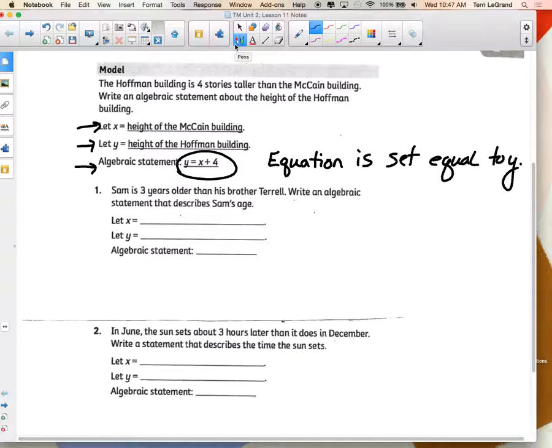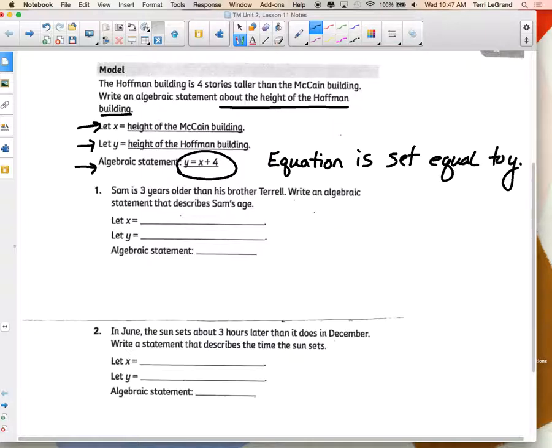It says right here, write an algebraic statement about the height of the Hoffman Building. In other words, describe the height of the Hoffman Building. So y equals, here's how we can get the height of the Hoffman Building. We add 4 to the height of the other building, the McCain Building, to x. So x plus 4, or it could be written 4 plus x.